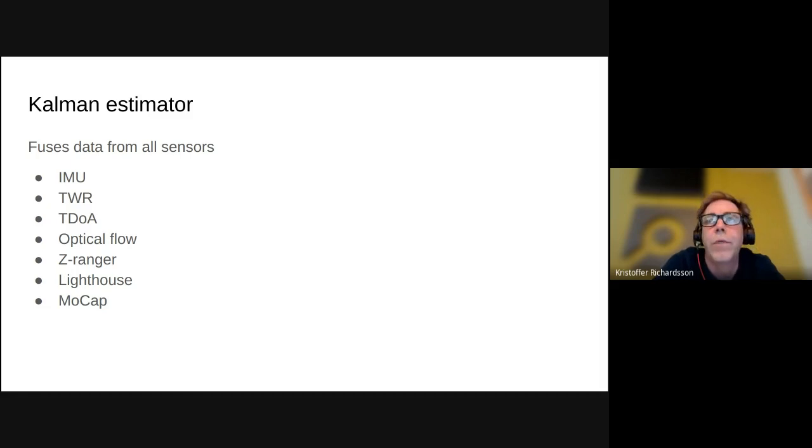And this is sort of a nice feature because you can easily use multiple positioning methods at the same time, and you can seamlessly move from say a lighthouse system into a local system as long as they share the coordinate system. It works fine. So I think this is a nice feature. We have a demo that we did a couple of years ago where we switch between, I think, lighthouse, loco, flow. I think those are the ones. If you want to check it out, it's on YouTube.